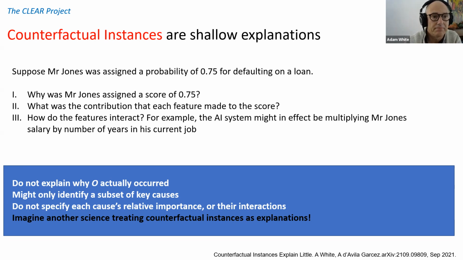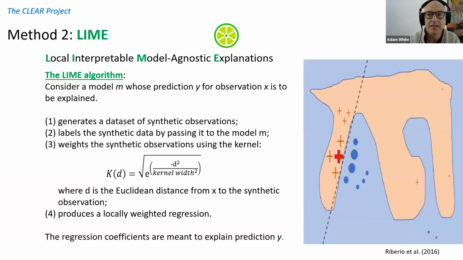The other widely used technique is LIME, which we're going to look at. At the end of the presentation, I'll briefly talk about SHAP as well. LIME stands for Local Interpretable Model Agnostic Explanations. Now, very briefly, the LIME algorithm explains a prediction by first generating a synthetic data set of observations.